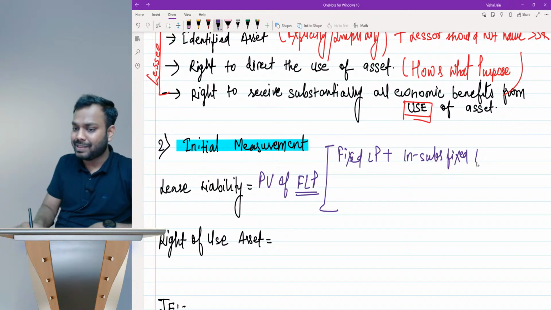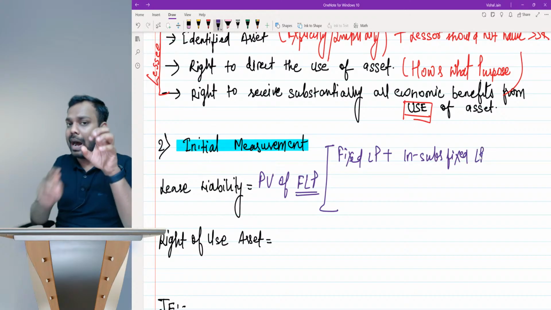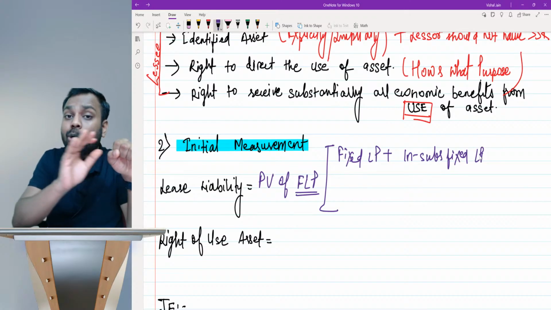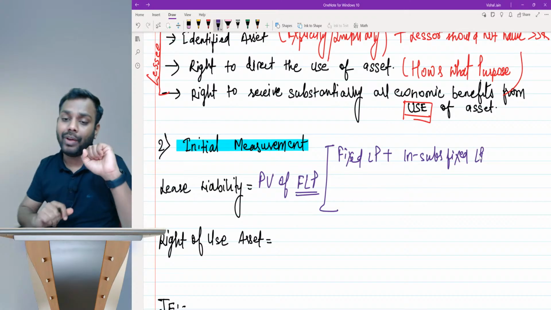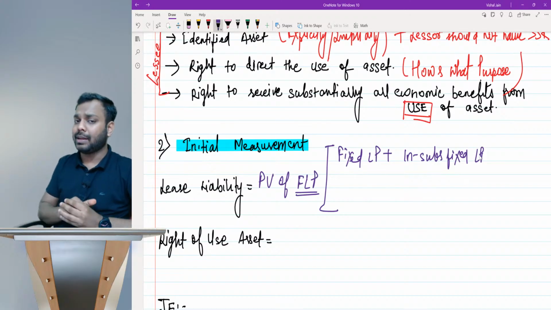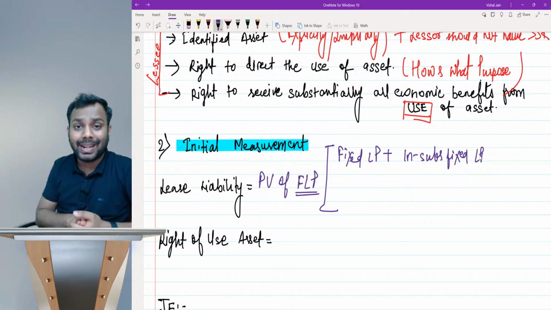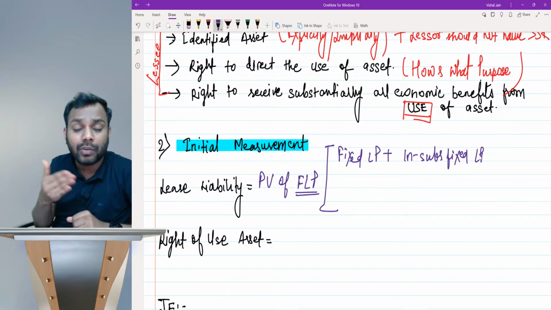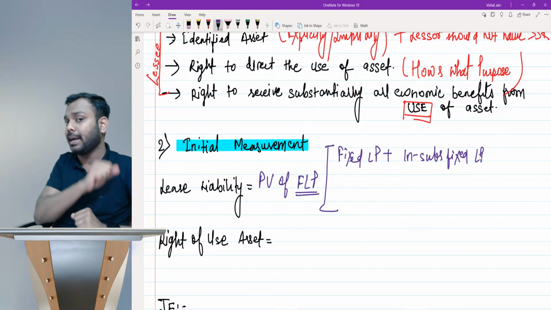Now what is the meaning of in substance fixed lease payments? Meaning a portion of it is fixed, a portion of it is variable. Let me give you an example. If the contract says that the lease payments are $20,000 per month, or 20% of the cash flow generated from the use of the asset, whichever is higher.